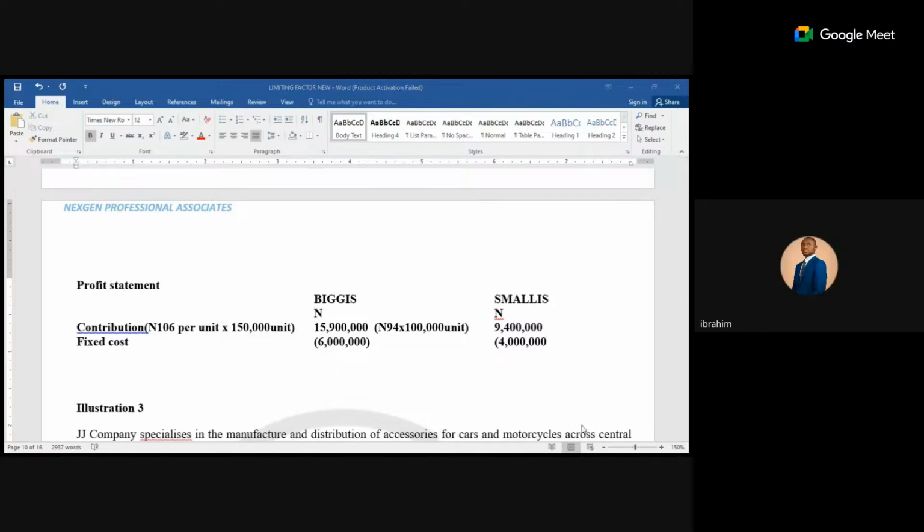So what will be our profits? For biggies, we'll have 9,900,000. For smallies, what do we have here? We'll have 5,400,000.